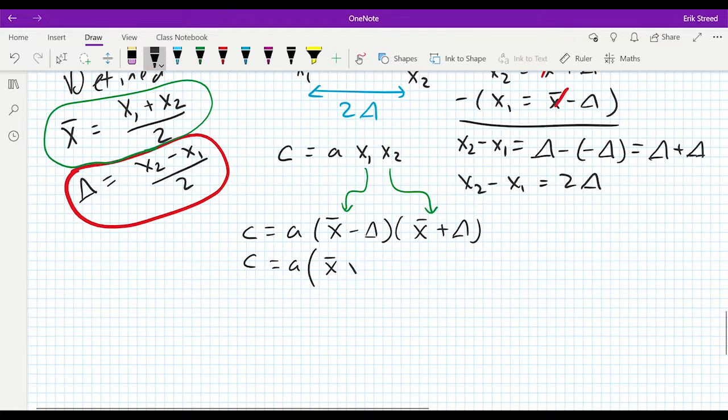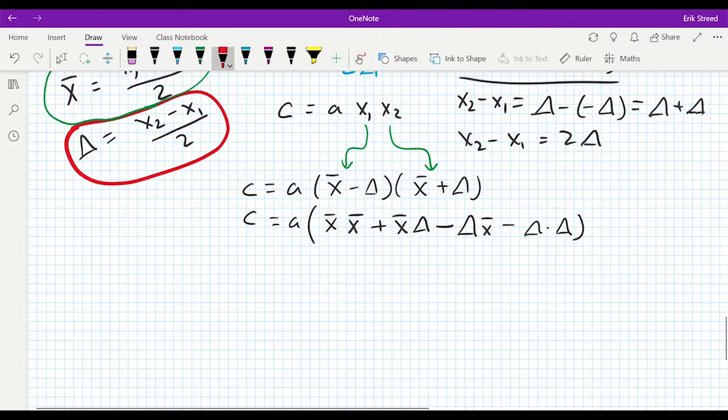So we've got X bar first, outer, we've got X bar delta. We've got inner, we've got a negative sign there. Our inner is delta X bar. And then we've got last. So we've got plus, oops, no, we don't have plus, we've got a minus. We've got minus delta times delta.